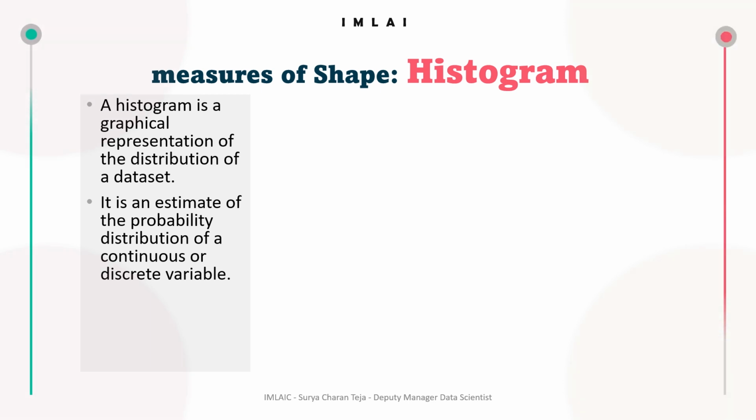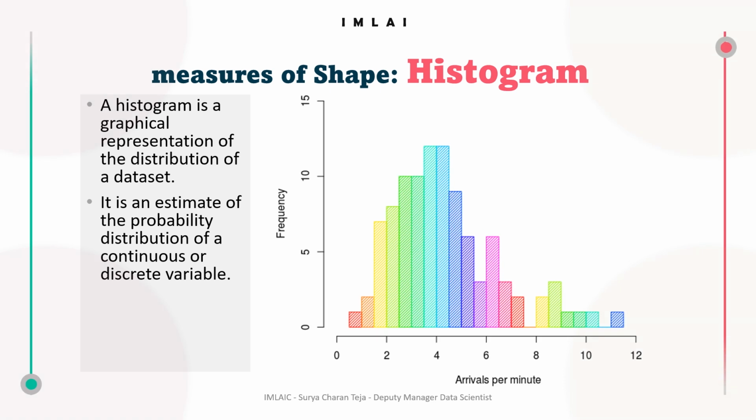In a histogram, data is divided into a set of bins or intervals, and the number of data points that fall into each bin is represented by the height of a bar. The bins are usually represented on the x-axis, while the frequency or count of data points falling into each bin is represented on the y-axis.